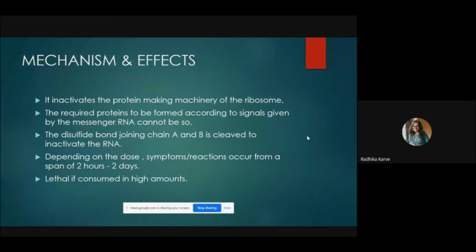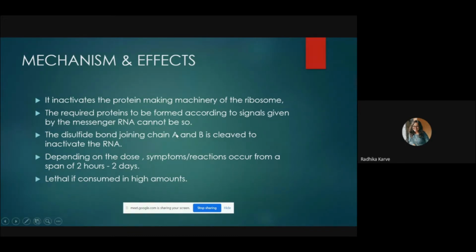The way that ricin acts as a poison is that in a cell, the messenger RNA gets the signals to make some proteins which are essential for the functioning of our cell, and then the ribosome has to make that protein. But what ricin does is that it stops the ribosome protein making machinery, so they cannot make the essential proteins which are required by the cell to survive.